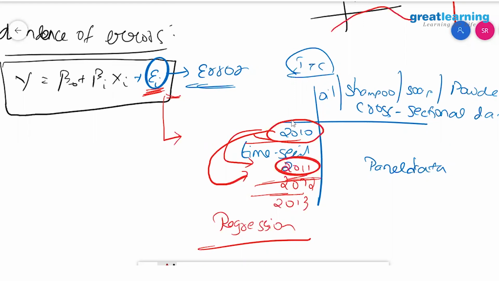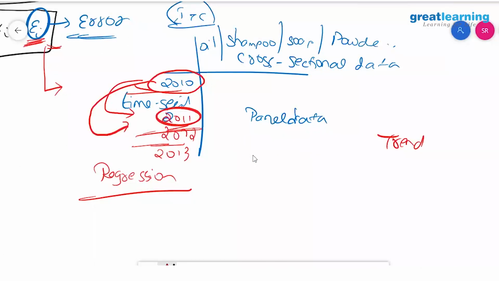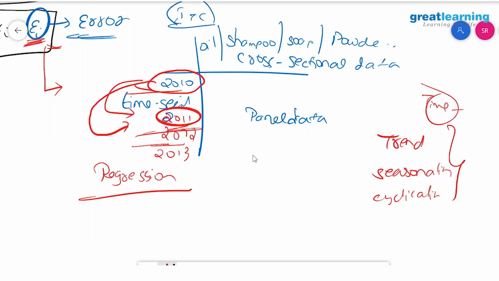We have to break down the trend, seasonality, and cyclicality. We have these three concepts in time series. When we touch upon the time series module, I'll tell you what trend, seasonality, and cyclicality are. That is where we take time series data. To execute a regression, do not consider time series data. If it is time series data, it should be treated properly.